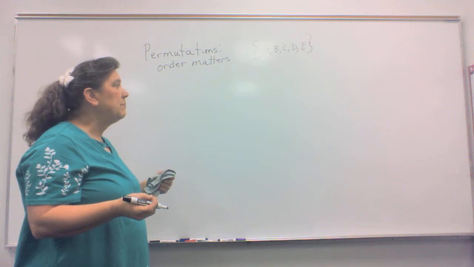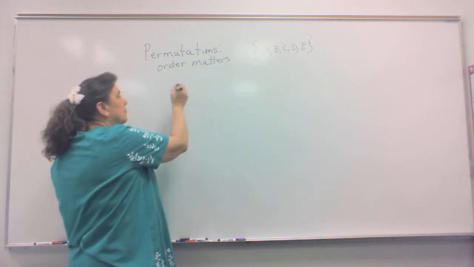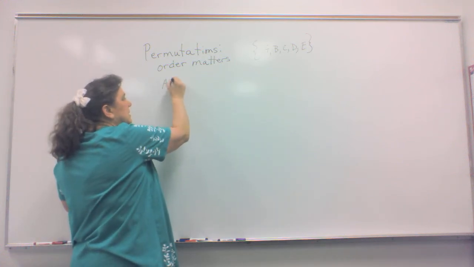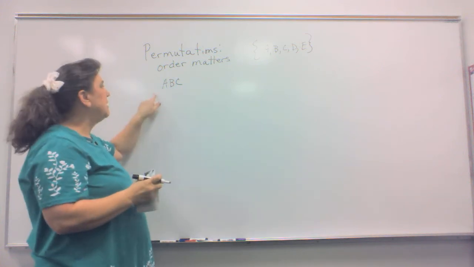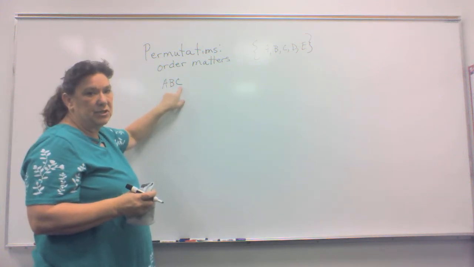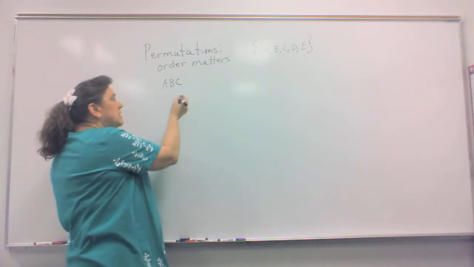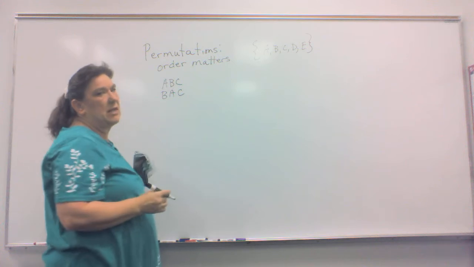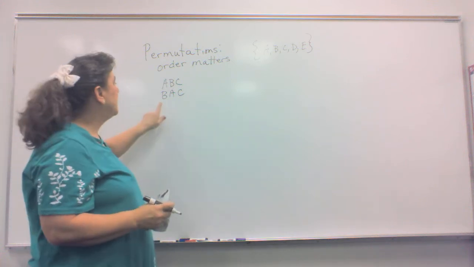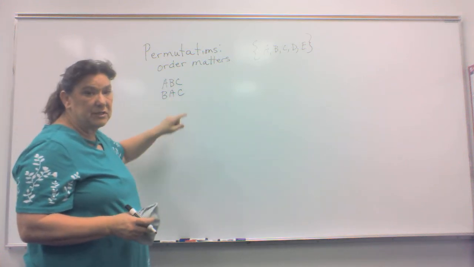So what's going to happen here? Well, to have 3 in a group, I could have A, B, C. That's one way to do it. This is 3 different people for 3 different positions. But guess what? BAC also counts as a group. Why? Because they're in different positions.